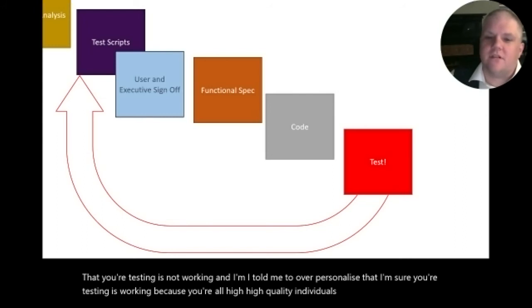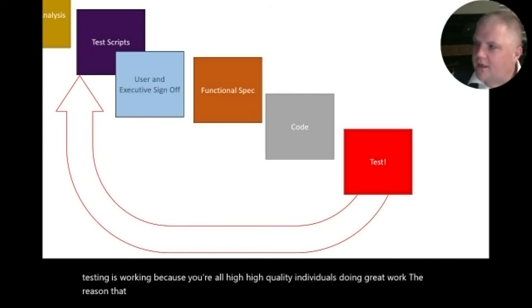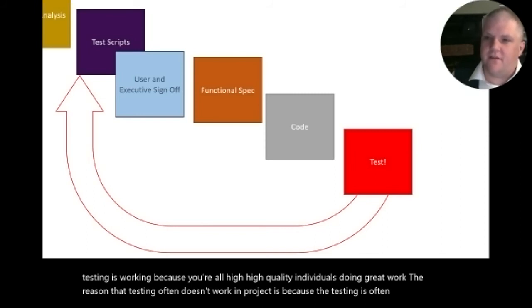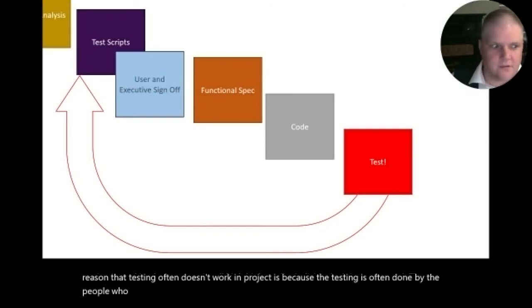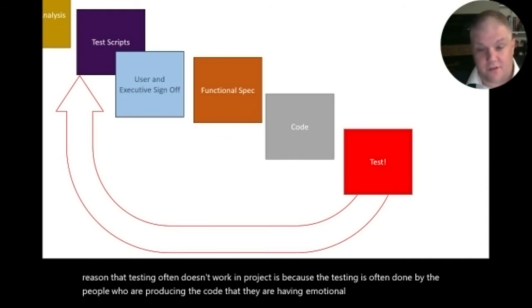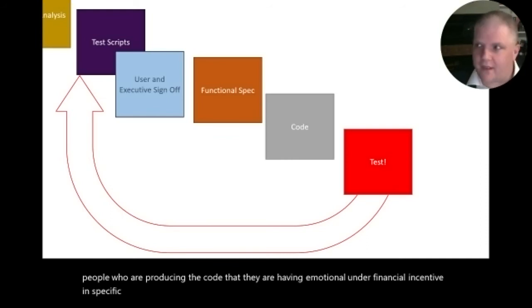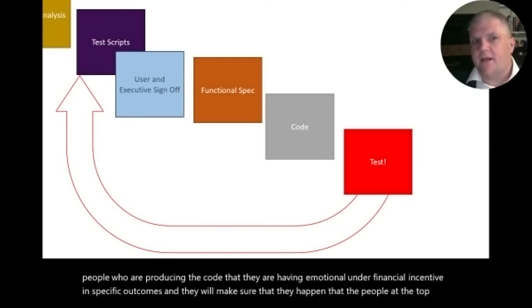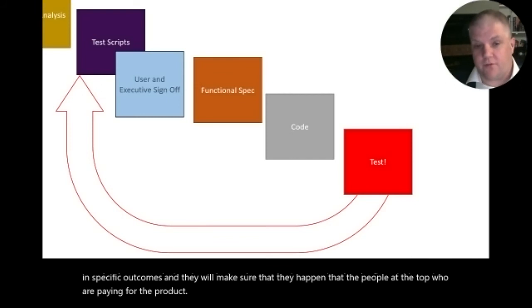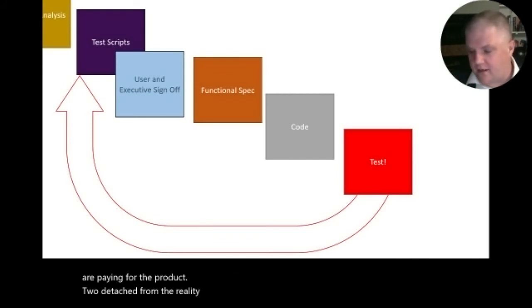The reason that testing often doesn't work in projects is because the testing is often done by the people who are producing the code. They have an emotional and a financial incentive in specific outcomes, and they will make sure that they happen. The people at the top who are paying for the product are too detached from the reality of working with it.